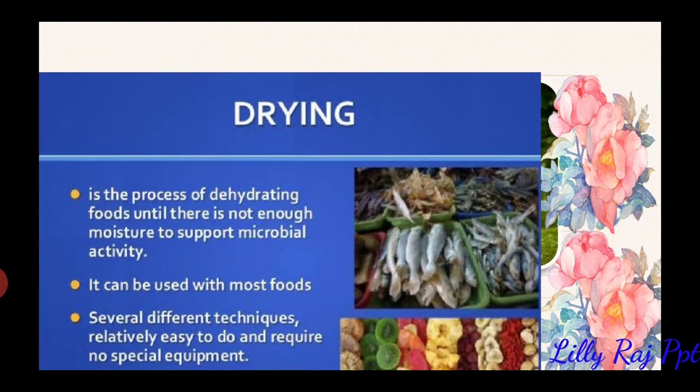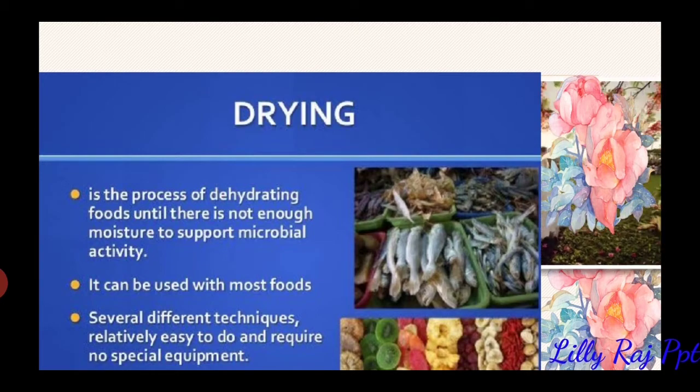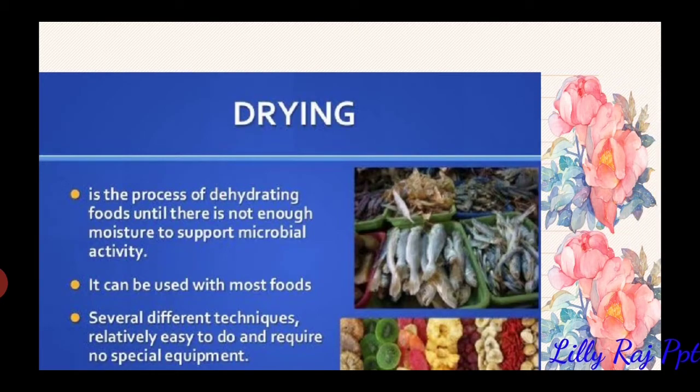Drying is the process of dehydrating food until there is not enough moisture to support microbial activity. Dehydrating means removing water. We already studied in the previous class that if there is any moisture in the food, it makes the food undesirable, because microbes can grow in the moisture.